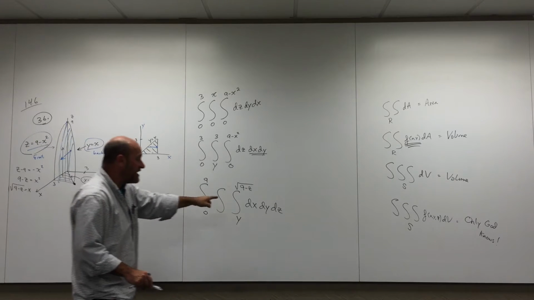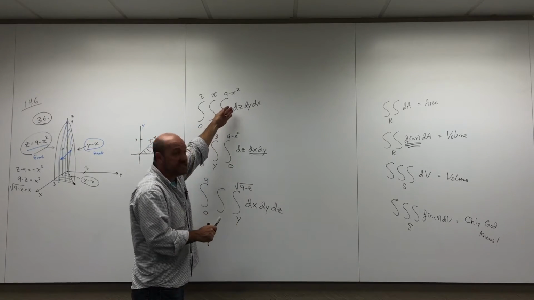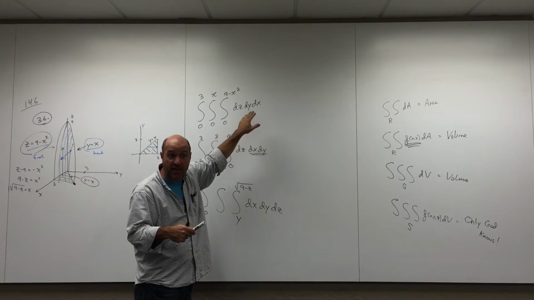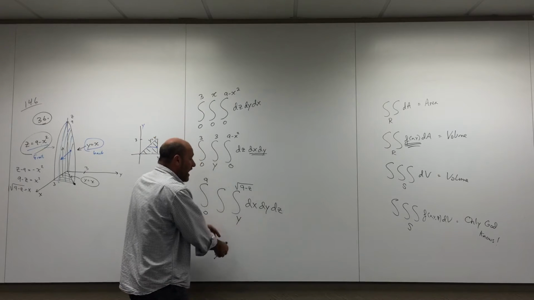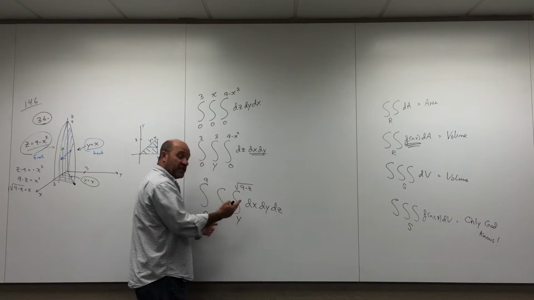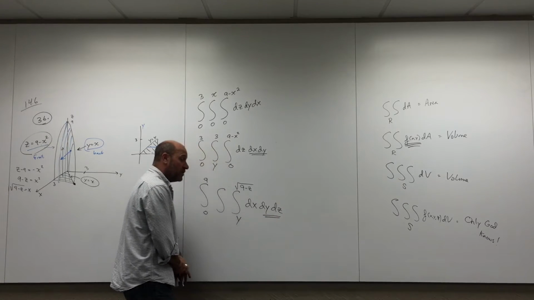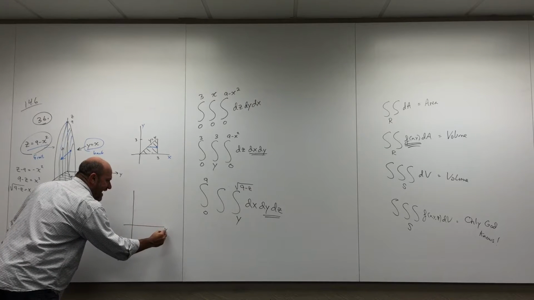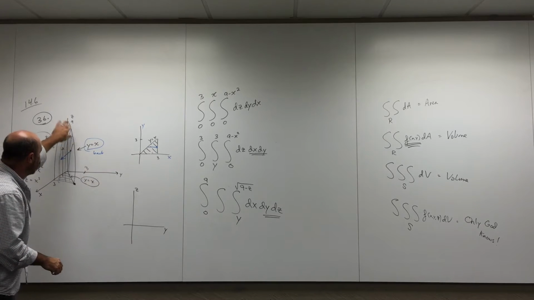Hey, after you've taken care of X, like I did up here, after I thought about z, I could look at the 2D region in the XY plane. And watch this, this is important. Now that I've taken care of X, I can look at the 2D region in the YZ plane, which is different than this region. What does the 2D region look like in the YZ plane? Ooh, actually, if I look back on that YZ plane, there's nothing there.